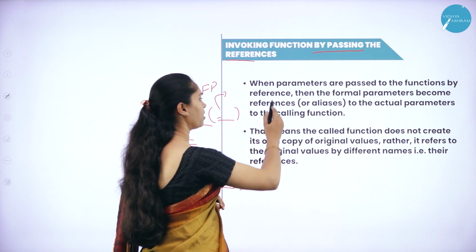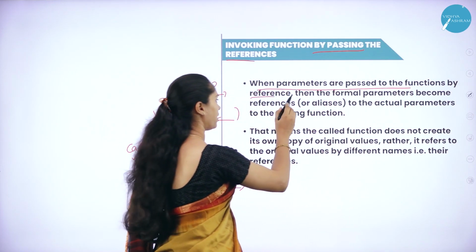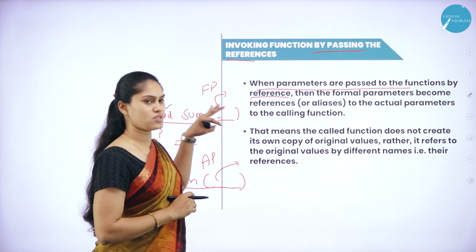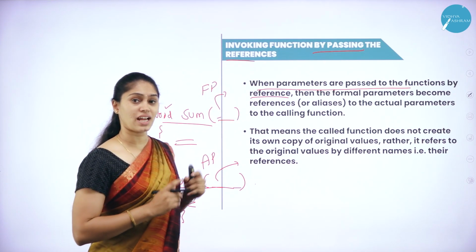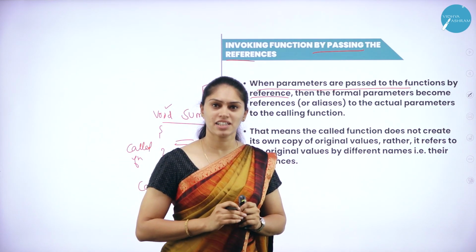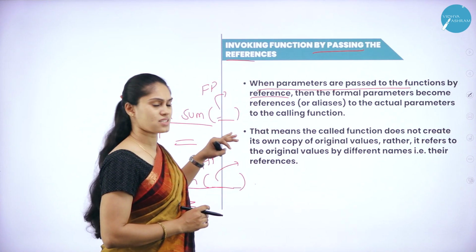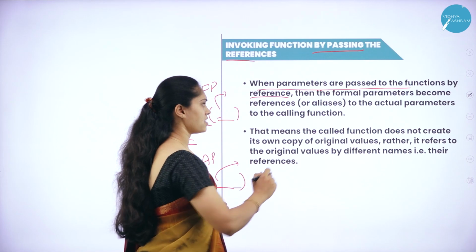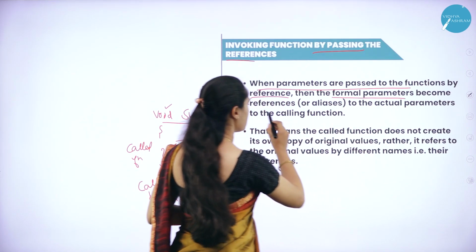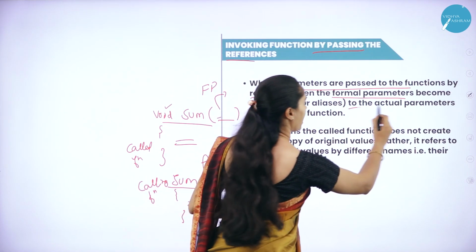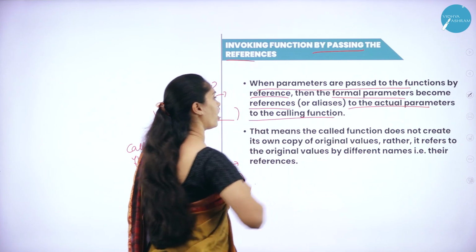That is, when the parameters are passed to the function by reference. Which method am I using? I'm invoking the function, that means I'm making the function active, by using the method called passing the references. Then the formal parameters become the references to the actual parameters of the calling function.